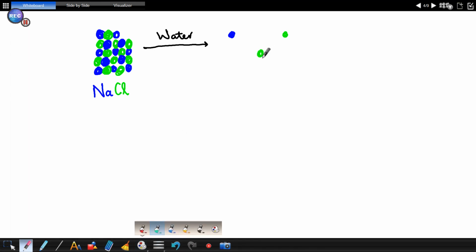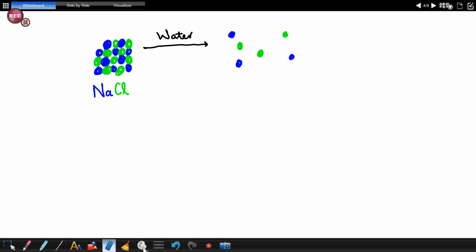So for every chloride ion, there'll be a sodium ion going into solution. We'll take another sodium and another chloride away from this, and we carry on. It has not reached equilibrium yet. So I need to take away my sodium and the chloride from my crystal.